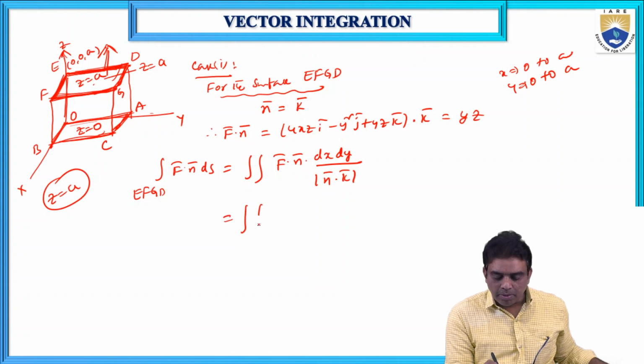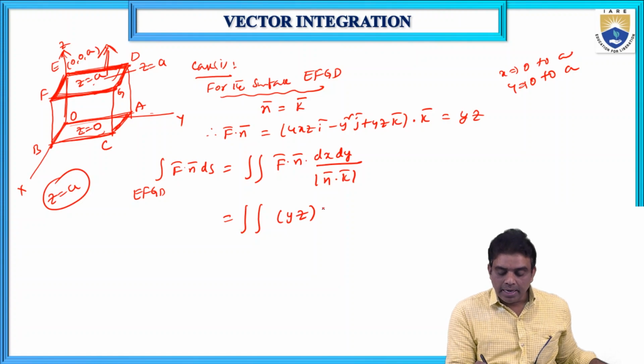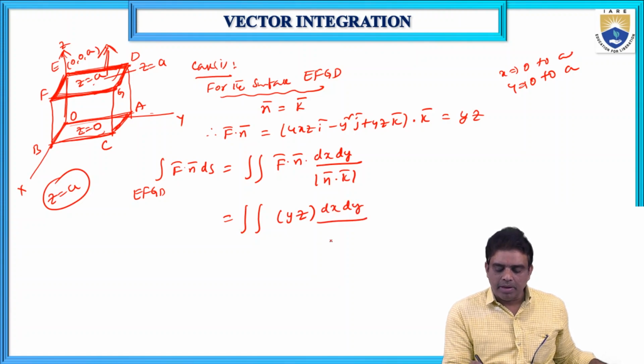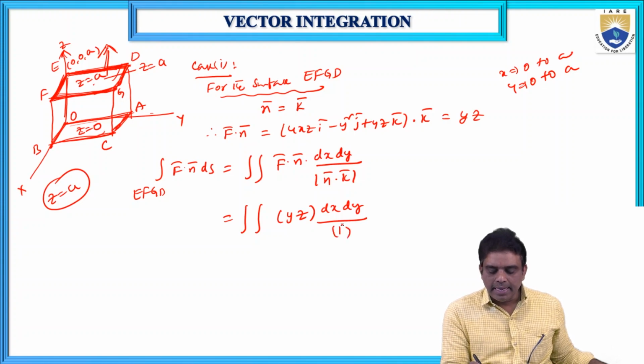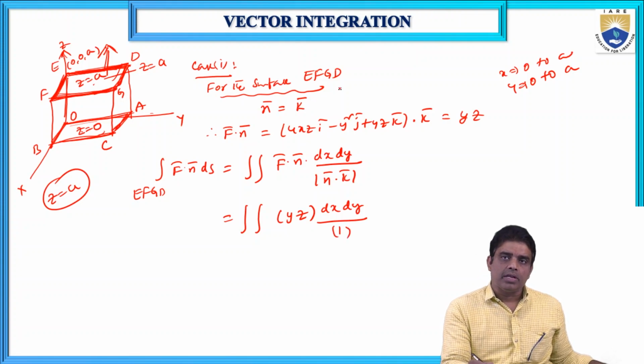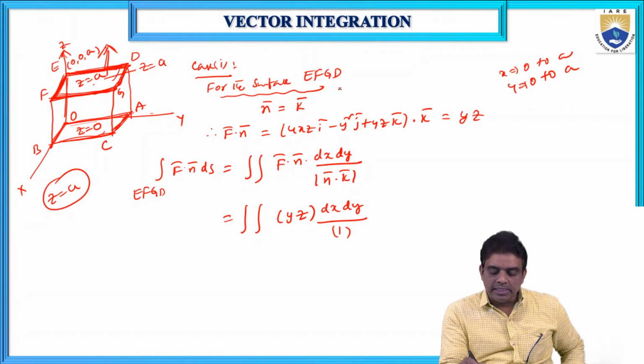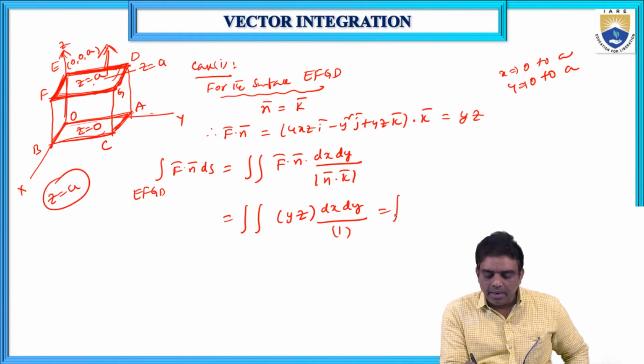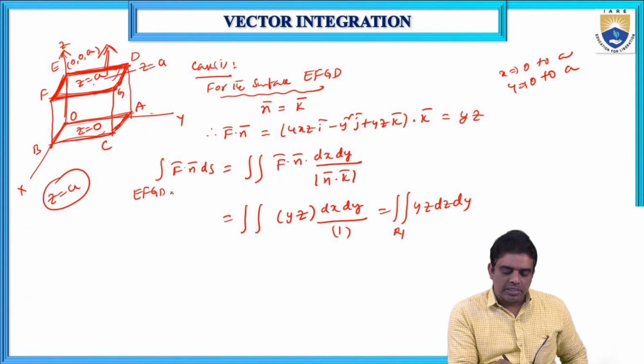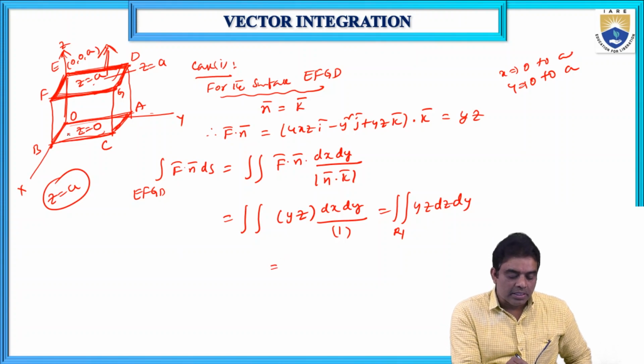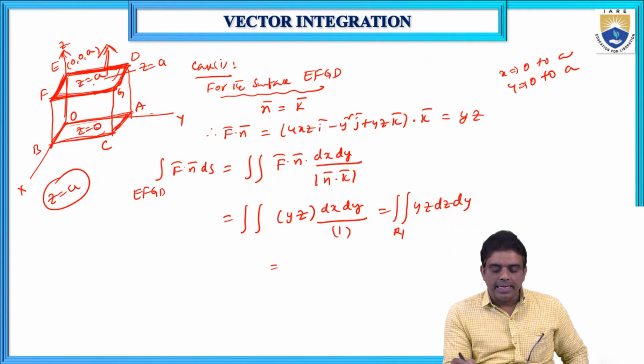So this is the double integral of f bar dot n cap, that is yz, times dx dy by n cap dot k bar, and n cap dot k bar is equal to 1. So this is the double integral of yz dx dy over the projection R1 in the xy plane.